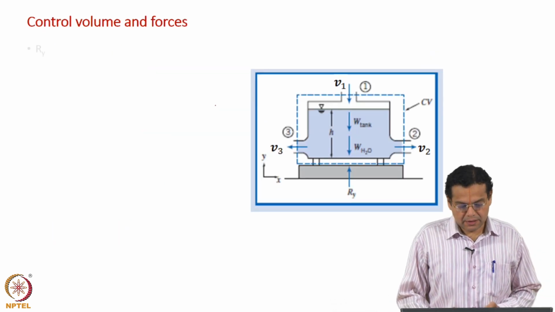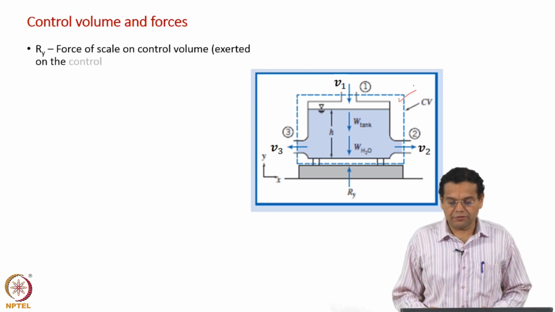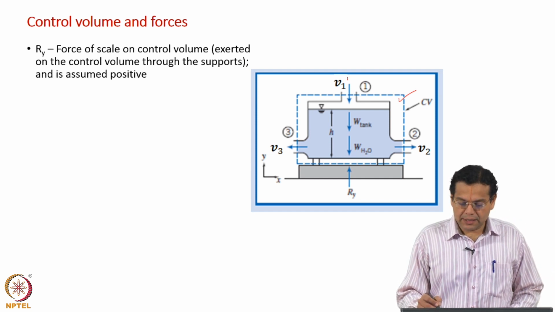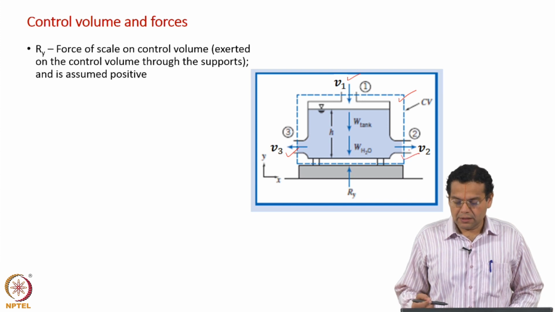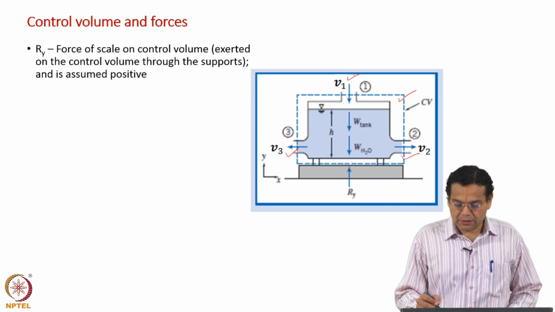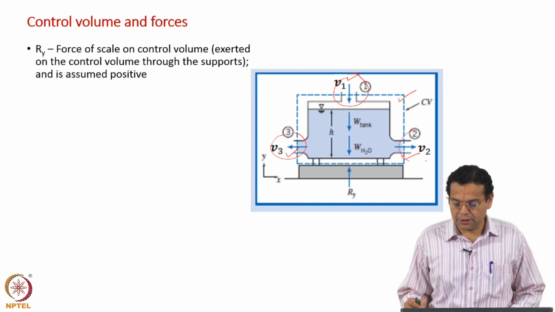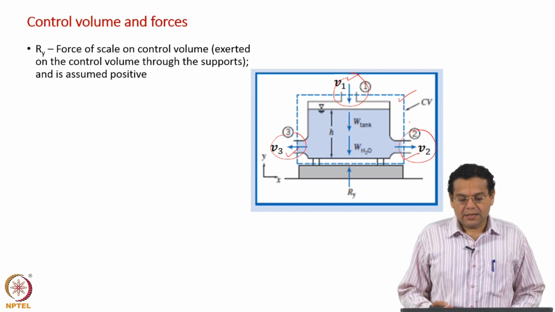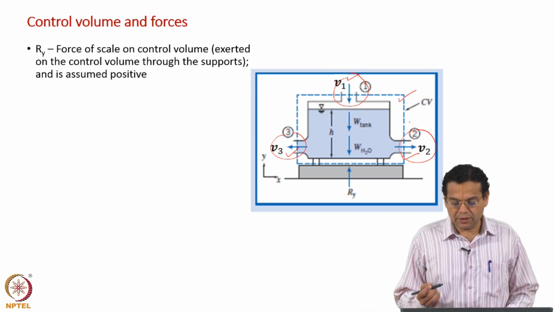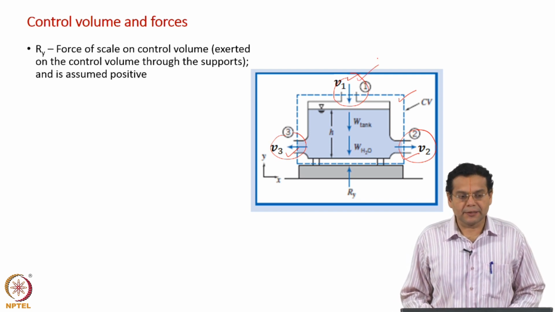Now the control volume is shown here, surrounded by the control surface, and mass enters and leaves through the control surface. In terms of momentum, this flow contributes towards the y direction, and these two flows contribute towards the x direction. Since we are interested in the reading shown by the balance, we are interested only in the y momentum balance, which means only this flow will be contributing.